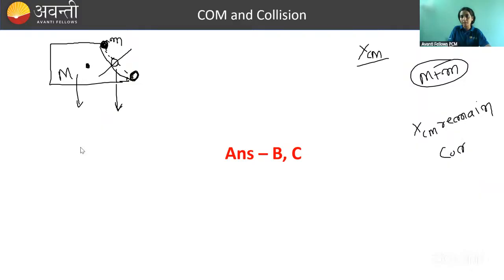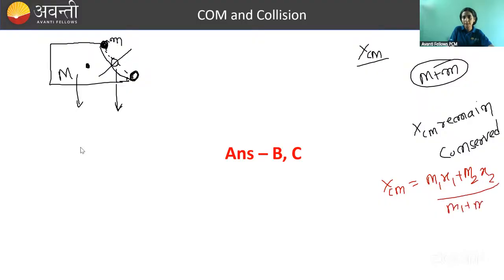Change कब करता है? When there is external force acting. So x cm तुम्हारा क्या रहेगा? कंजर्व रहेगा। और जब भी सेंटर ऑफ मास कंजर्व होता है, x cm equals m1 x1 plus m2 x2 divided by m1 plus m2. So let's check. Let's take a small change on both sides.